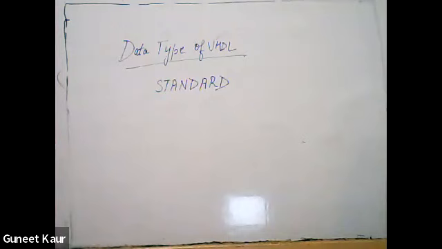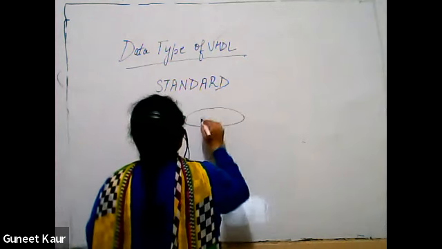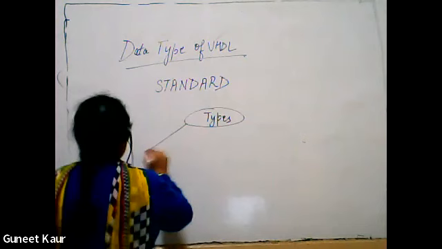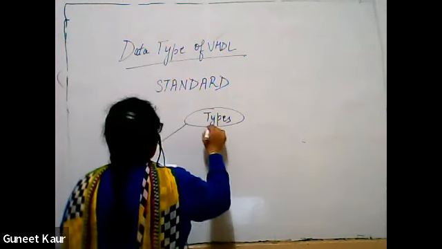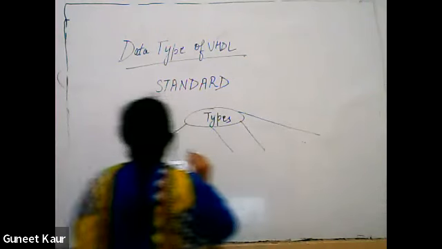There are various data types available in VHDL, but we broadly divide these data types into 4 parts. Here I am writing type. These can be divided into 4 parts.